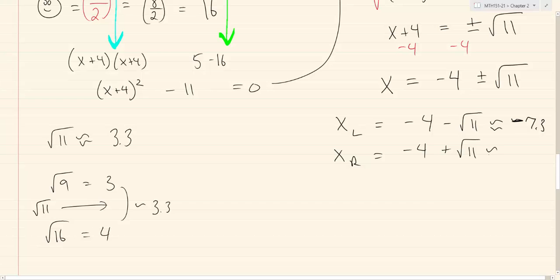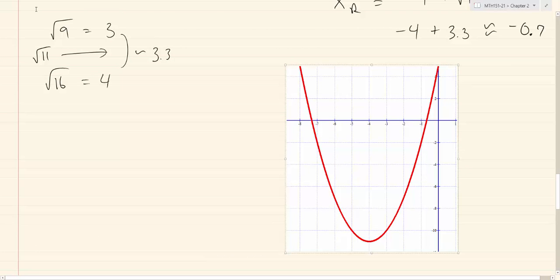And the other one would be negative 4 plus 3.3, which is approximately negative 0.7. So here's one x-intercept, and here's the other x-intercept.